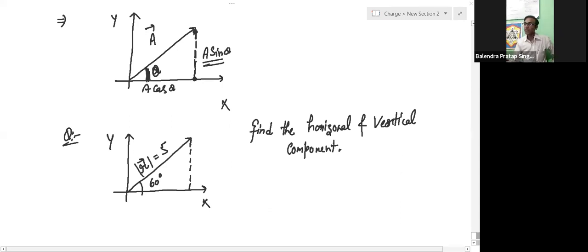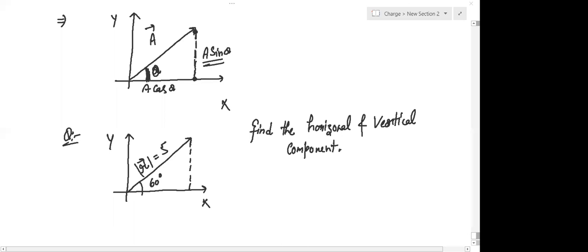Abdur Rahman, have you found it? You can give me the answer in terms of sine or cos also. Minashi, have you solved it? It's, I think, a 30-second question.